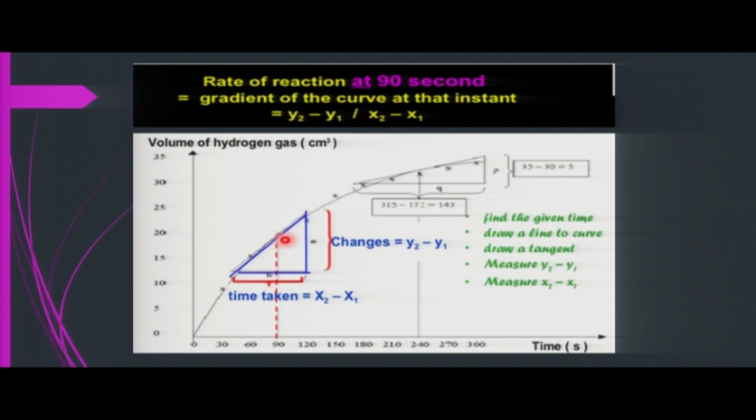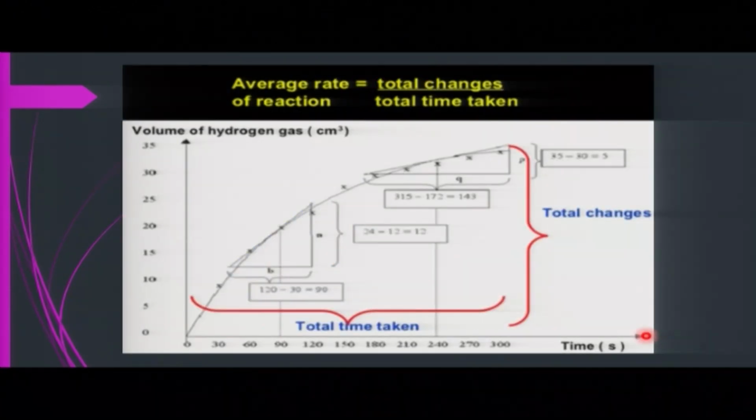So when it meets the curve, then you find the tangent, or you find the slope at that point, which will be the change in the y, or in this case, the volume of hydrogen gas, and the change in the time. Then you will get the instantaneous rate, or the rate at that given time. Does that make it clear? The curve is well illustrating what is happening. So now you understand how to get the instantaneous rate and the average rate.